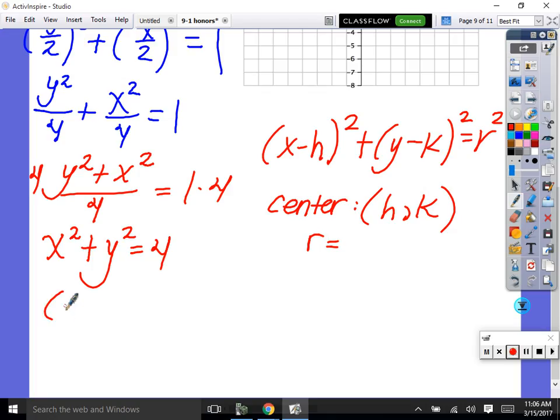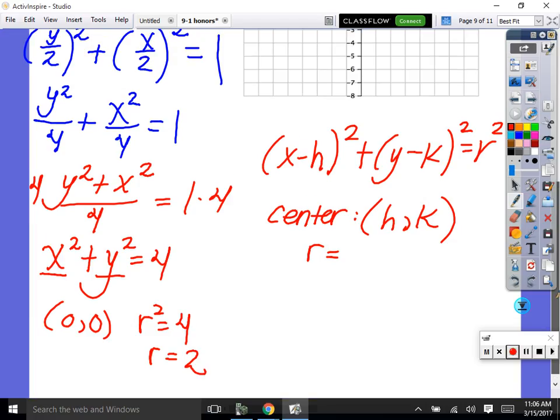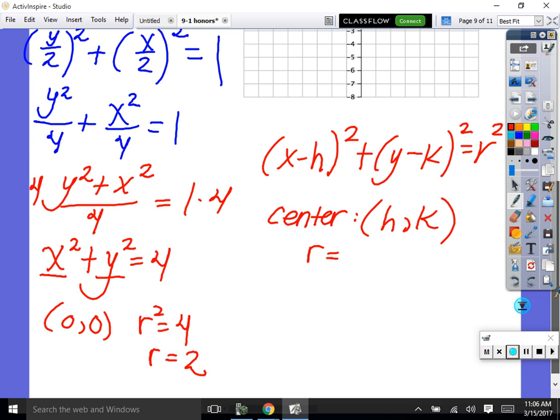Our center here is at 0, 0, because look, no shift left and right, no shift up and down. Our radius squared equals 4, so our radius is 2. So now we'll go up to our picture, and graphing that circle is much easier than graphing sine and cosine on that interval.